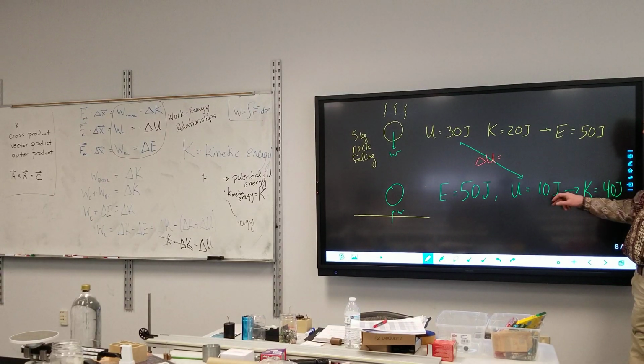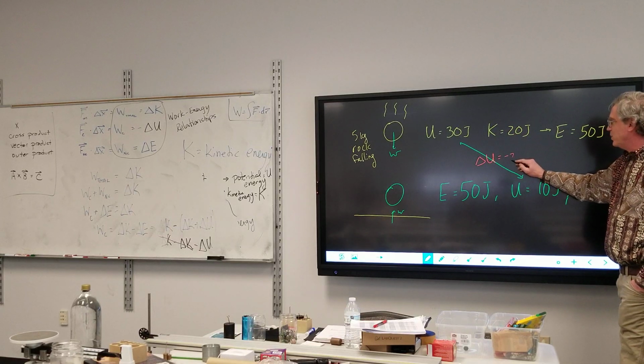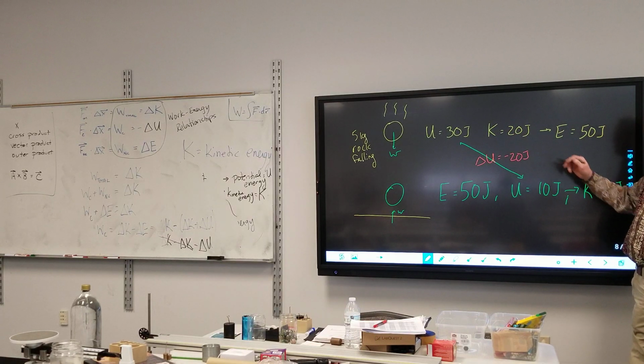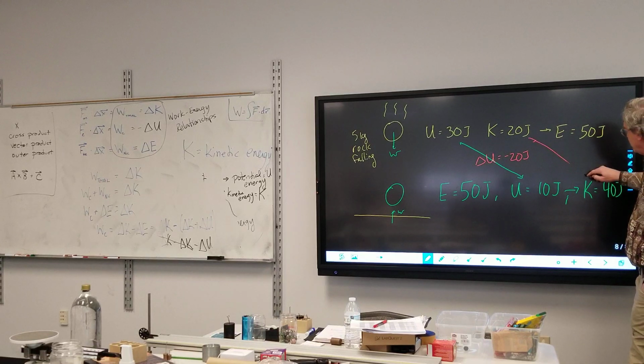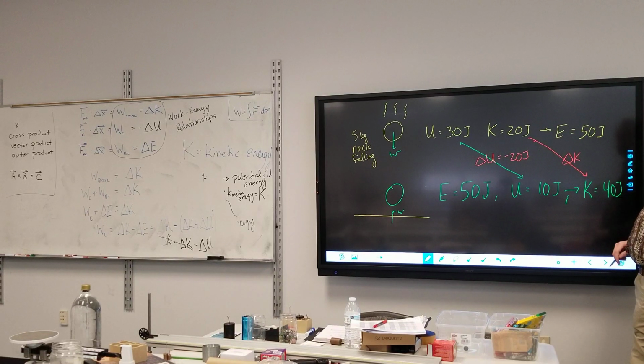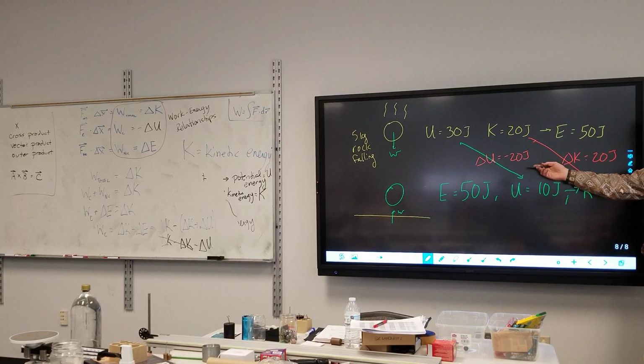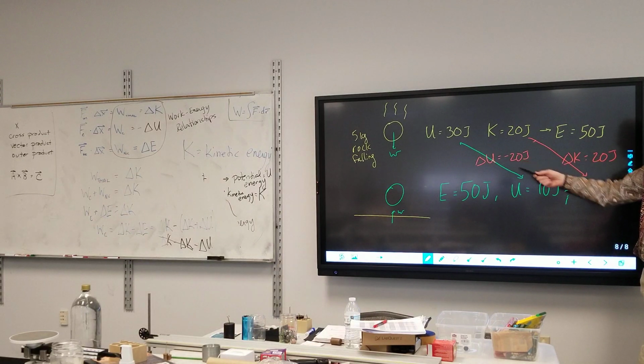Yeah, negative. It's final minus initial. The change is negative 20 joules, 10 minus 30. What is the change in kinetic energy? Again, final minus initial. 20 joules. You were ahead of your time. So it makes sense, it says it's conserved. If I lost 20 joules of potential energy, it has to go somewhere. It goes to the kinetic.